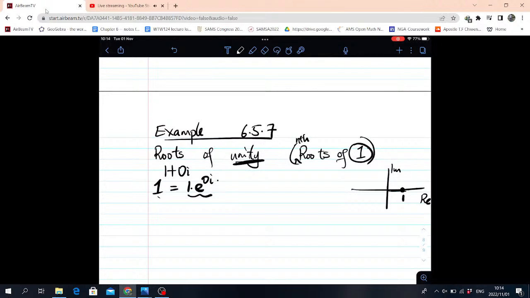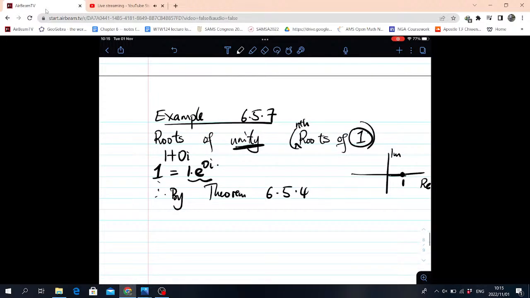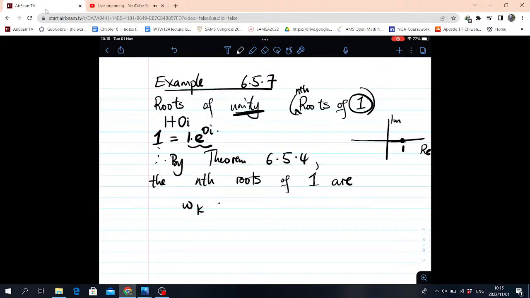And so therefore, by theorem 6.5.4, the nth roots of 1 are given by w_k, which is equal to e to the (0 plus 2k pi) over n i.